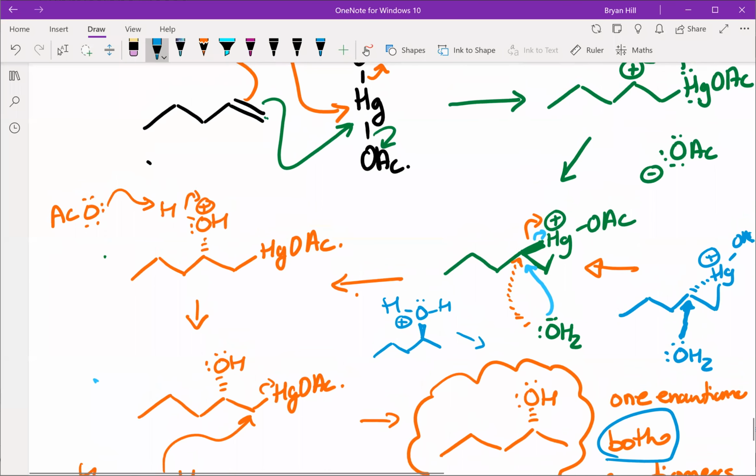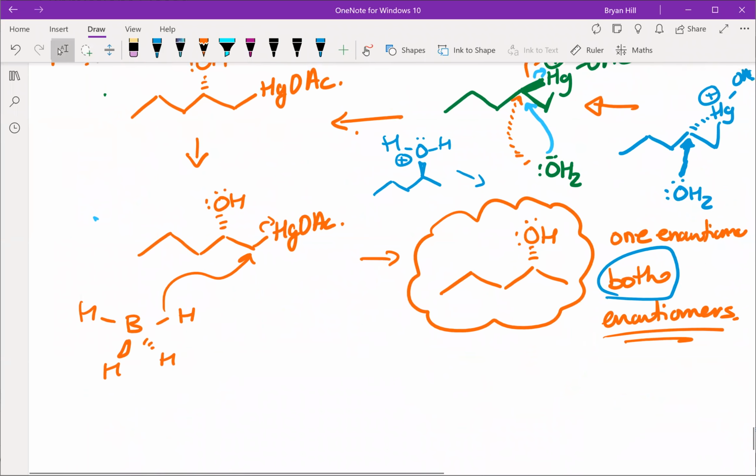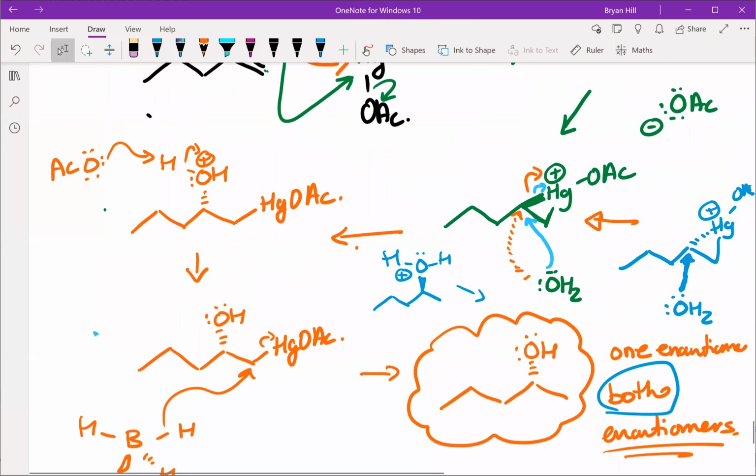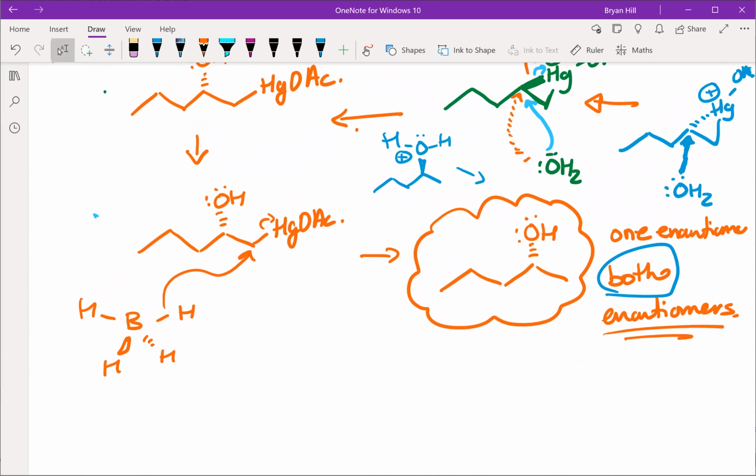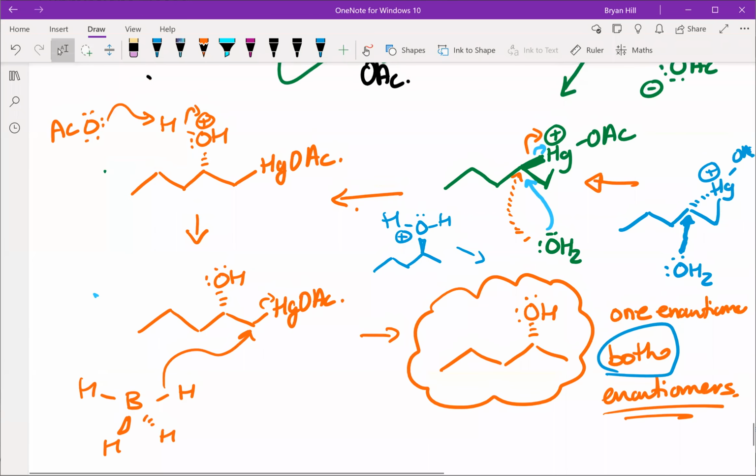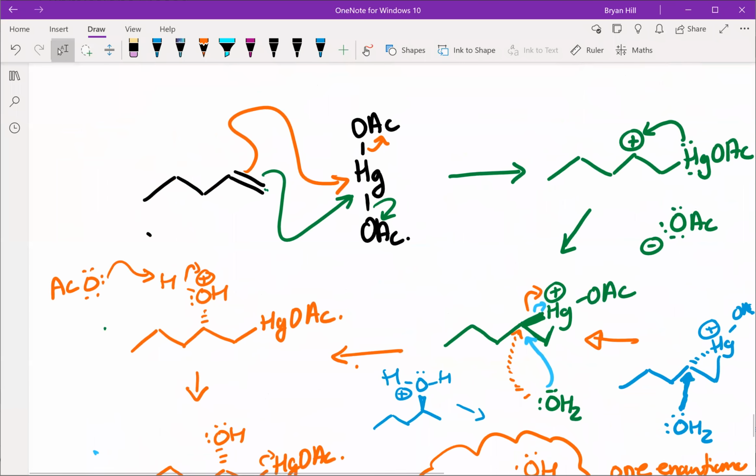We'll see a bit later that there are ways to make one enantiomer over another, but not with this reaction working this way. You would have to do something.